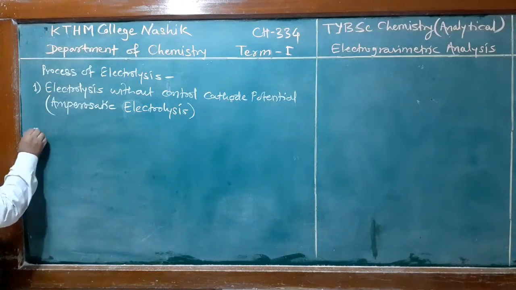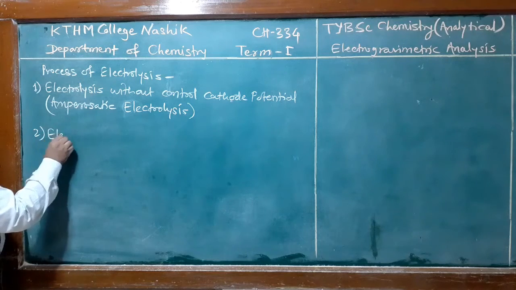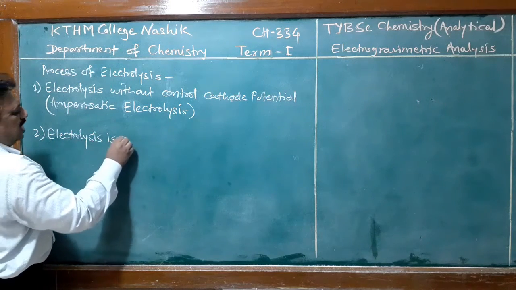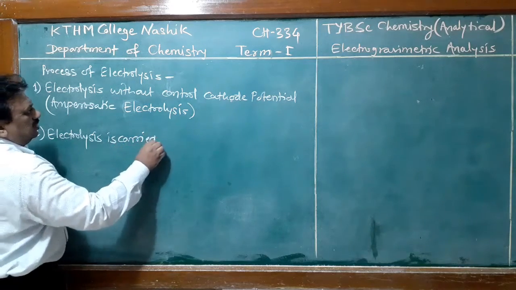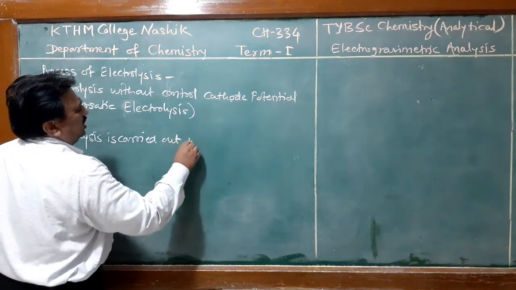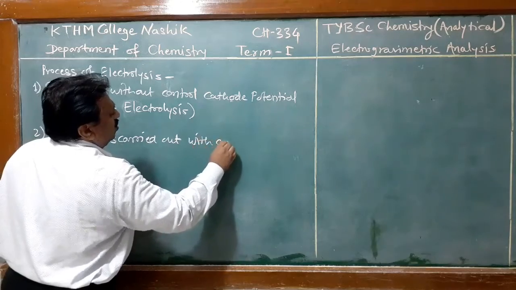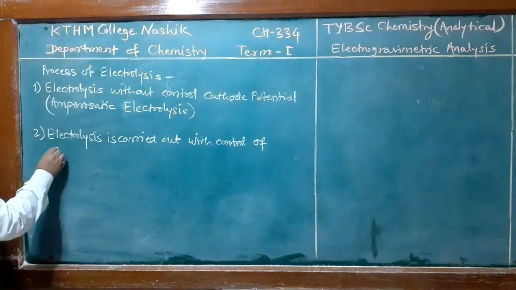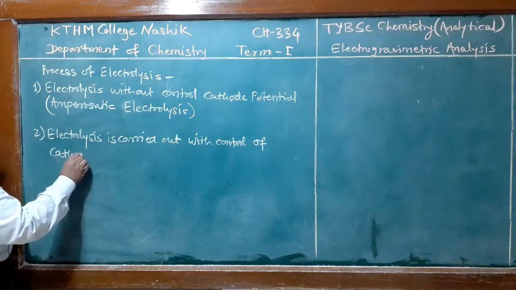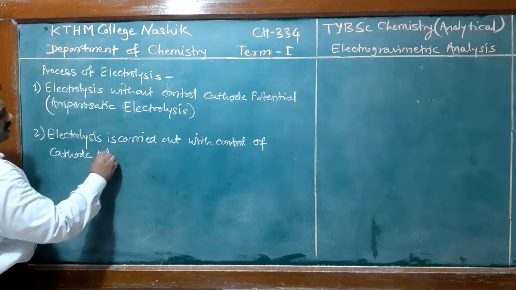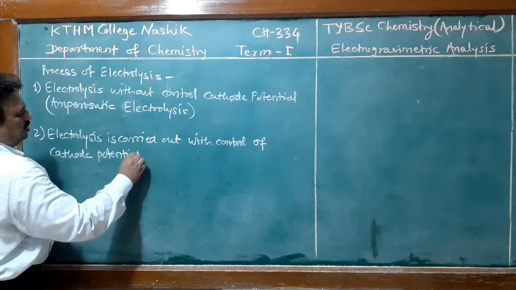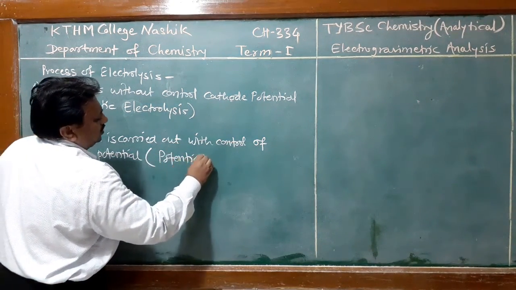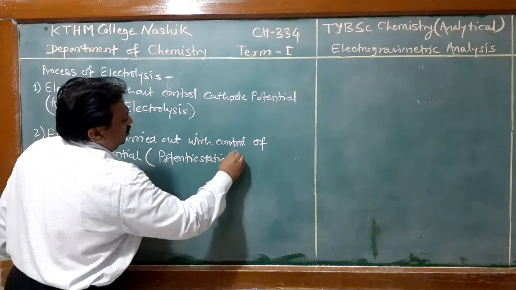And the second type is the one in which electrolysis is carried out with control of cathode potential, and that is called potentiostatic electrolysis.